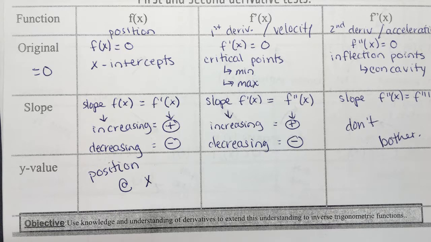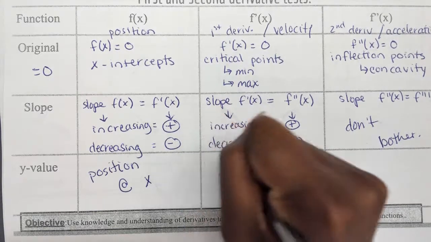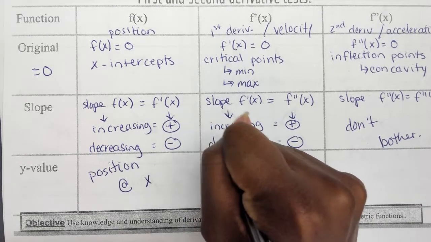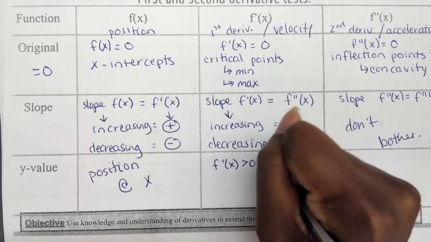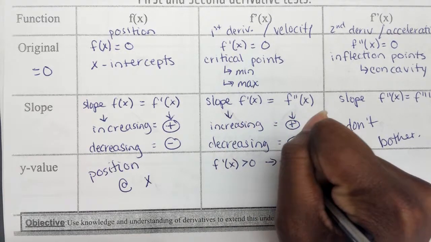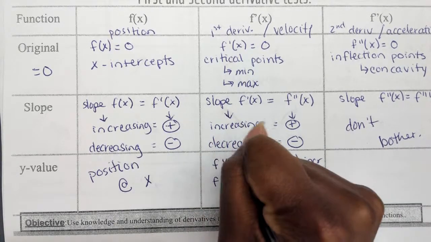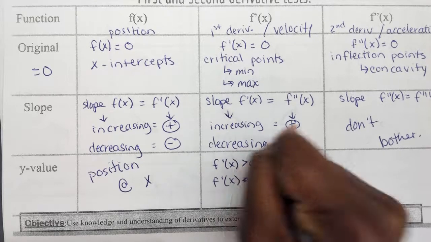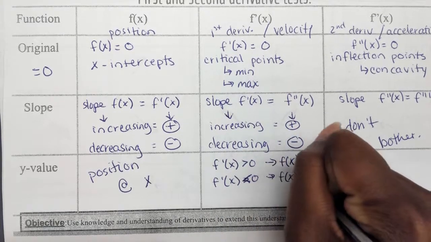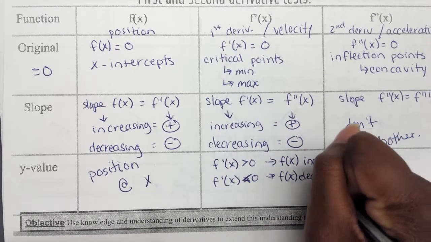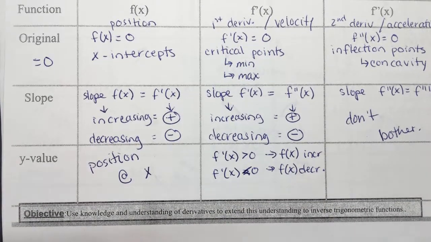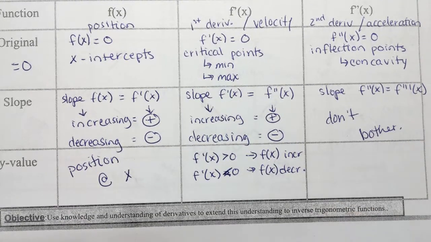So it tells you if your original graph is increasing or decreasing. So if f prime of x is greater than 0, then f of x is increasing. If f prime of x is less than 0, then f of x is decreasing. Right? So it tells you the slope of f of x.